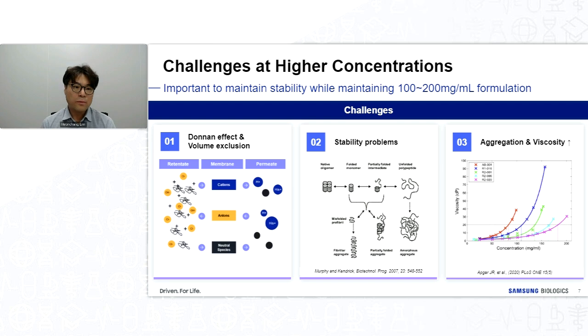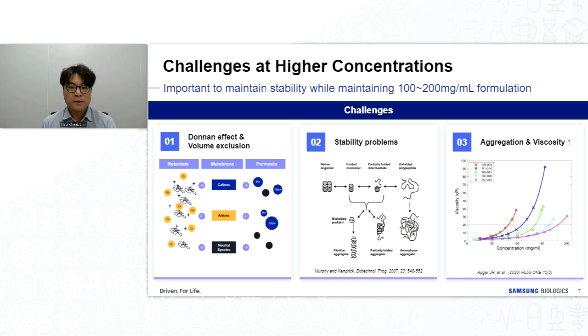One very common effect observed at higher protein concentration during the UFDF process is the Donnan effect and volume exclusion effect. This will often result in changes in pH and excipient level. At concentrations greater than 100 mg per ml, there can also be molecular stability issues.